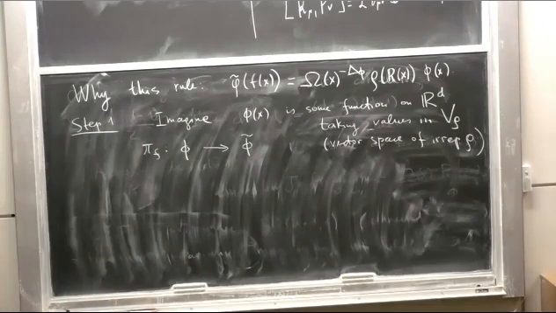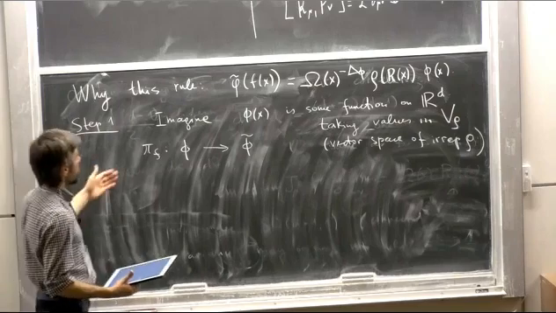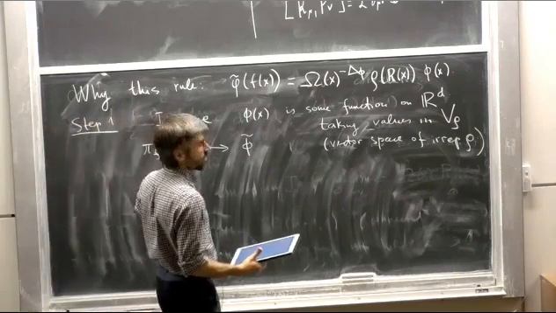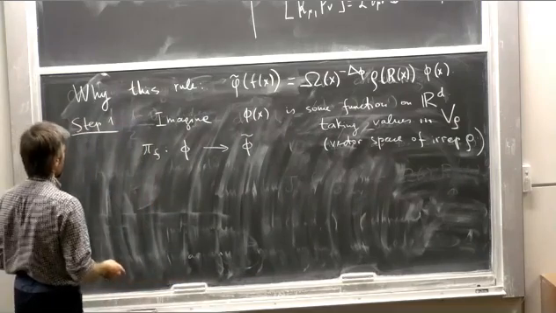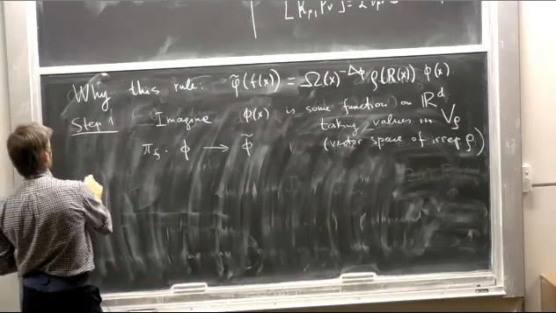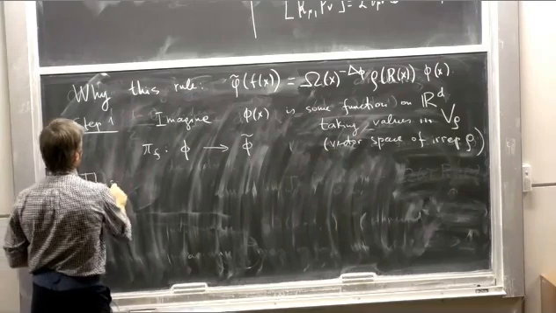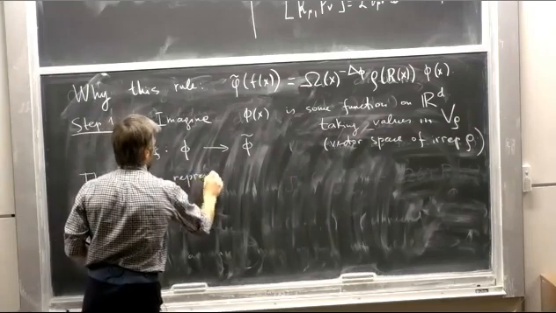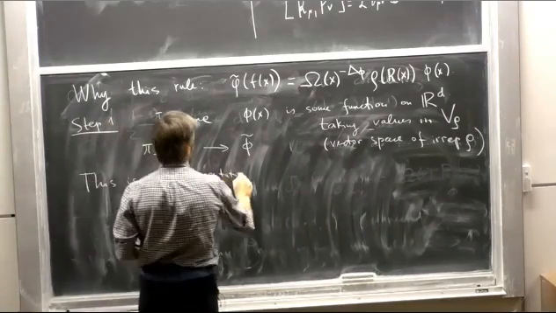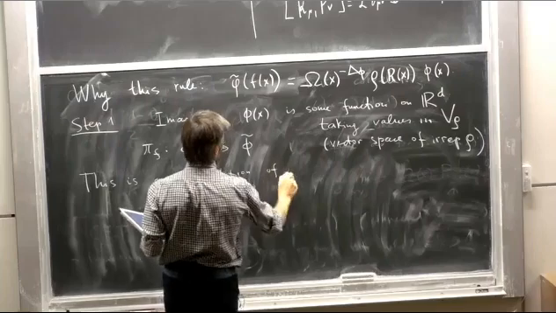So the interesting thing about this map is that this map is a representation of the conformal group. That might be obvious for some of you, but let me state it explicitly.